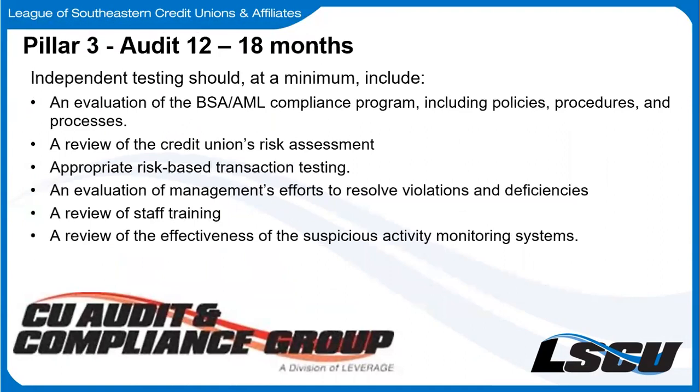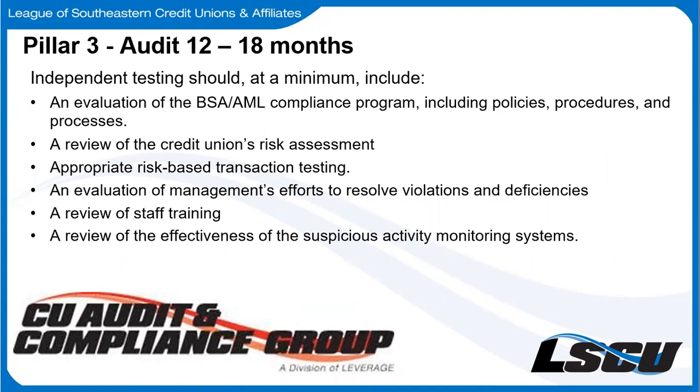Pillar number 3 is an audit. An audit of your program is recommended every 12 to 18 months. And this independent testing should at a minimum include each of these bullets you see on the slide here, including a review of your policies, procedures, and processes, review of your risk assessment and any transaction-based testing you may have.